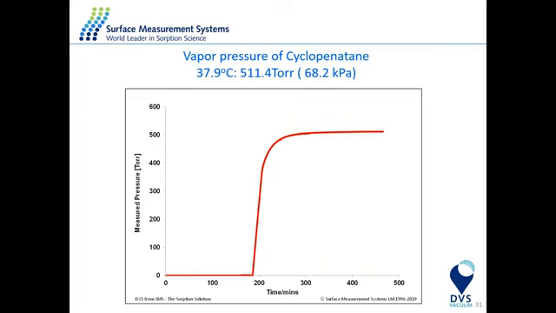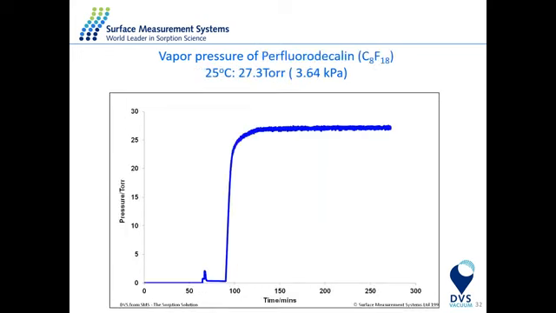We can also measure the vapor pressure of a highly volatile compound like cyclopentane at 37.9 degrees, and this vapor pressure is about 511 torr, which is about 68.2 kilopascal. Another example is the vapor pressure of perfluorodecalin at 25 degrees, and its vapor pressure is about 27 torr.